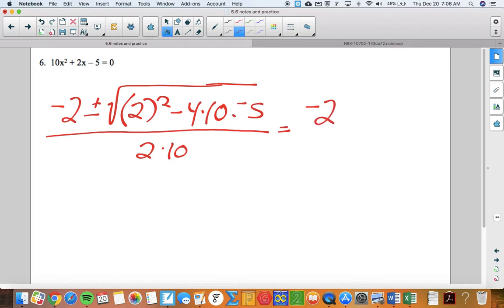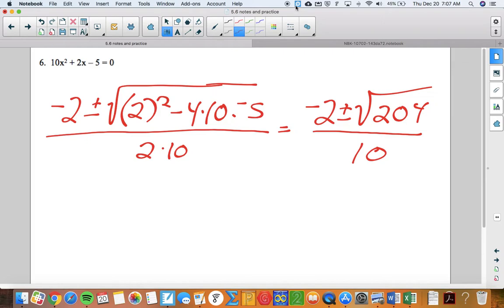So we get negative 2 plus or minus the square root of, this is 4, this is, I think, 200. Yeah, so is that 204? Crazy. And then underneath, we've got a 10.